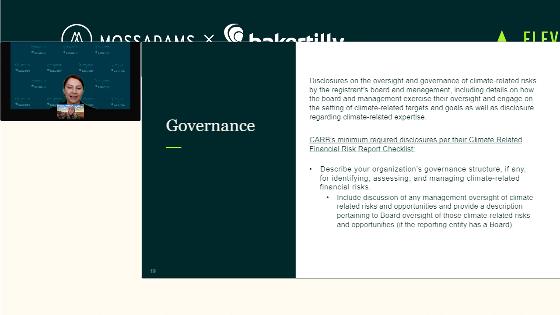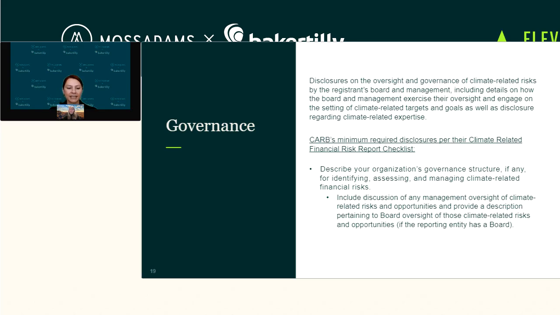Meaning the TCFD recommendations acknowledge that reporting entities in the early stages of evaluating climate-related risks may begin by disclosing how these risks relate or may be relevant, even if no material risks have yet been identified or action has been taken.